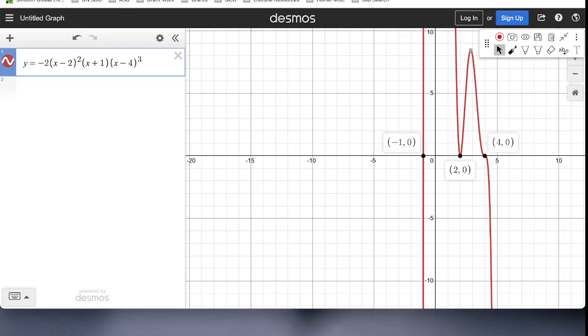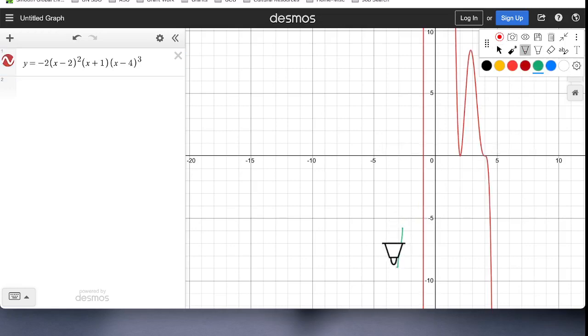And then we see a little bit of an S sort of thing as it goes through 0 at 4. But we also see end behavior: as x goes towards negative infinity, y is going towards negative infinity, right? Here y is going down. And at the other end, y is also going down towards negative infinity.